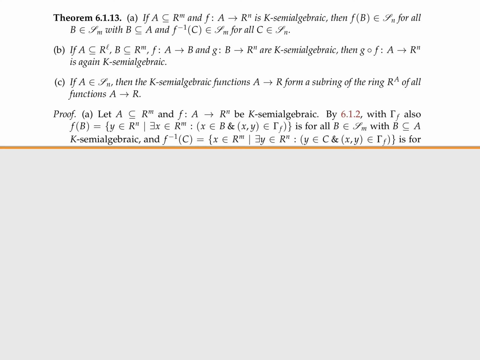And that was not trivial. If you think about it, quantifier elimination is again behind this. And the other thing is similar. So the pre-image of C, you can write it as the set of all x in R2m such that there exists a y in R2n such that y lies in C and (x,y) is in the graph of F, which is a K semi-algebraic set.